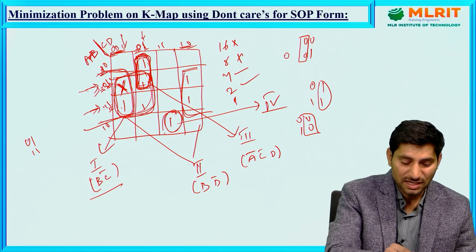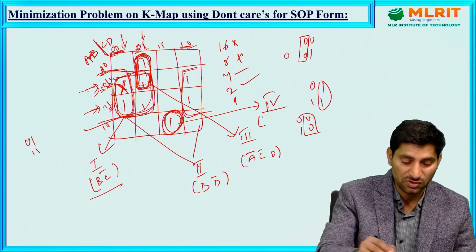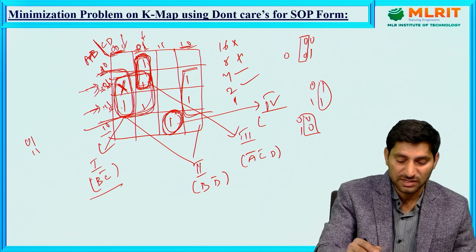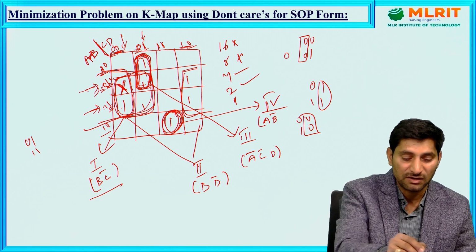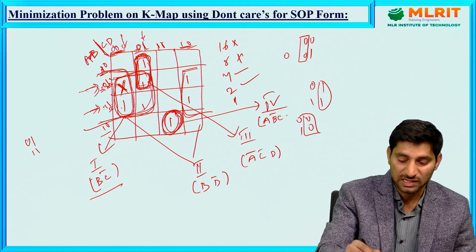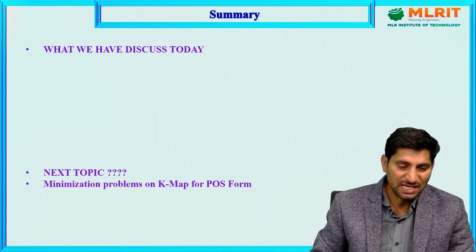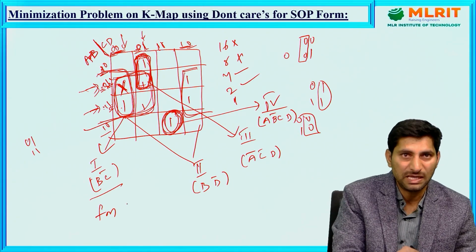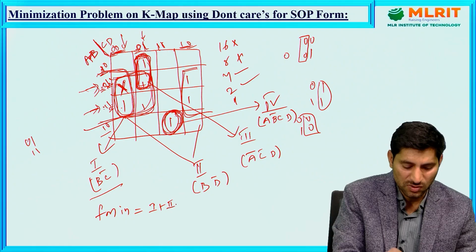Now let us see the fourth term. This one, single one. Okay. That is the fourth group. So horizontally 1, 0 will represent. 1, 0 means A, B bar, and vertically 1, 1 will represent. 1, 1 means C, D. Now to get the minimized function, F minimum is equal to 1 plus 2 plus 3 plus 4.